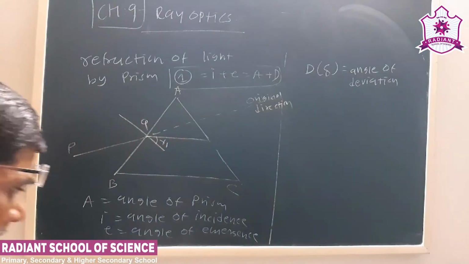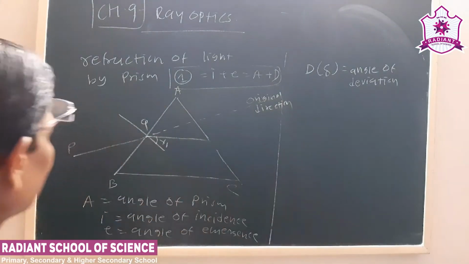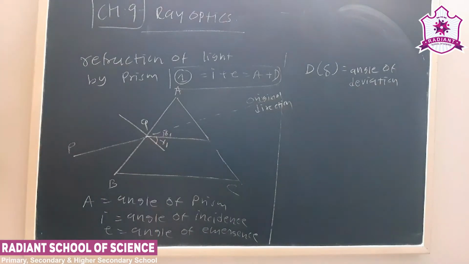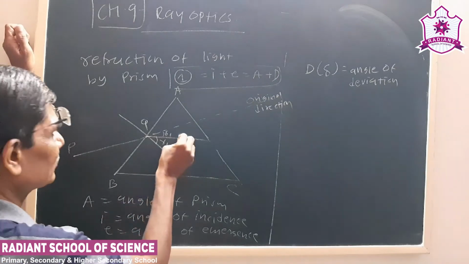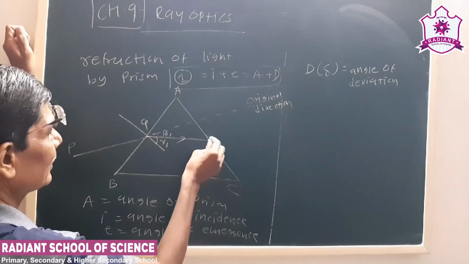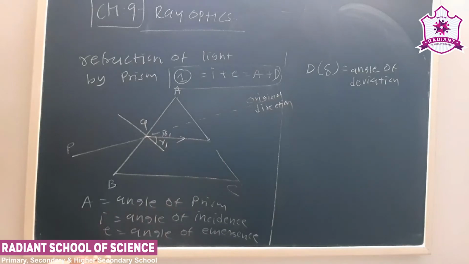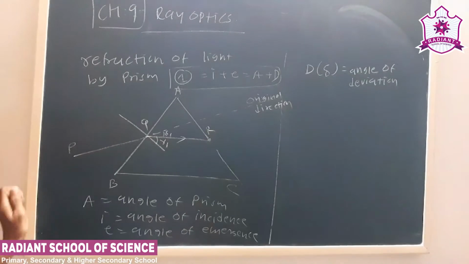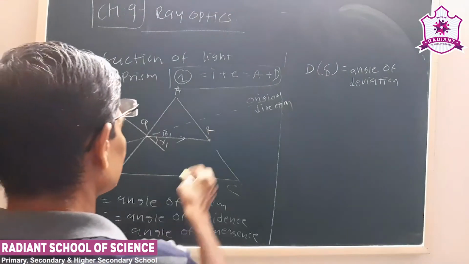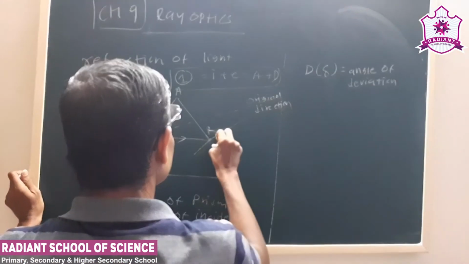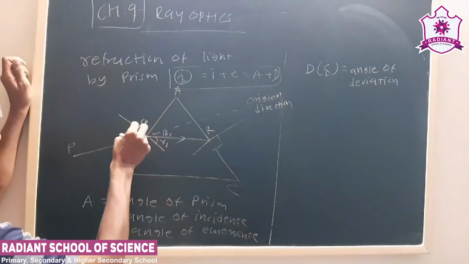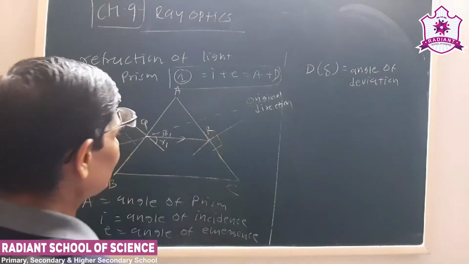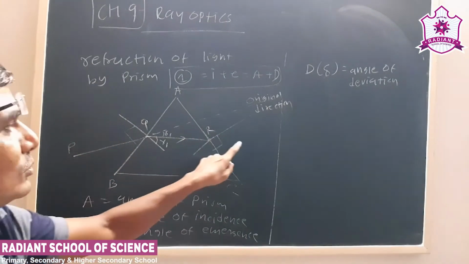Now see, this is the original direction. See, its path is deviated, let us say, by delta 1. After refraction, the ray will travel in QR direction. Now, see, this is again the normal on AC surface. This angle is 90 degree. Here, this also was 90 degree. Now, here, it will travel from a denser to a rarer medium.